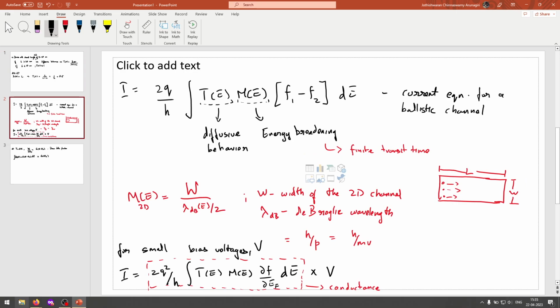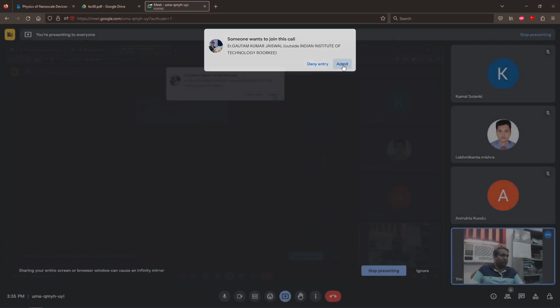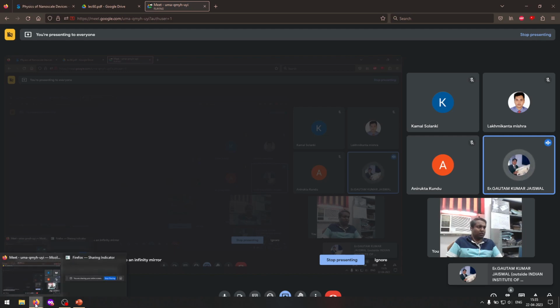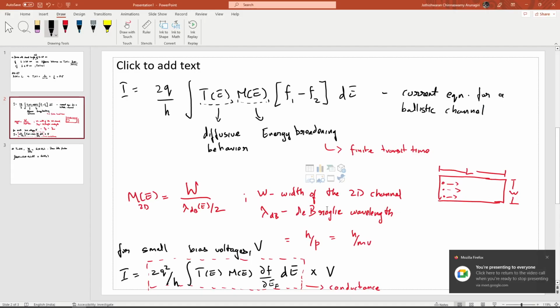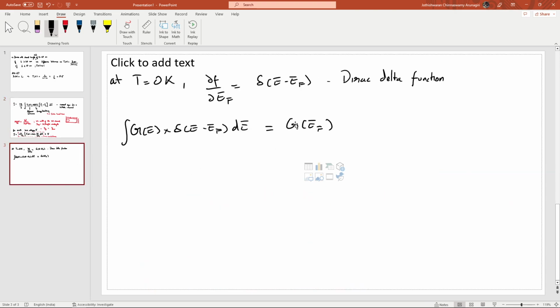Point two is the idea of modes, and all of these approximations, and the relationship between the de Broglie wavelength and the number of modes in a 2D channel. And the third point is this.